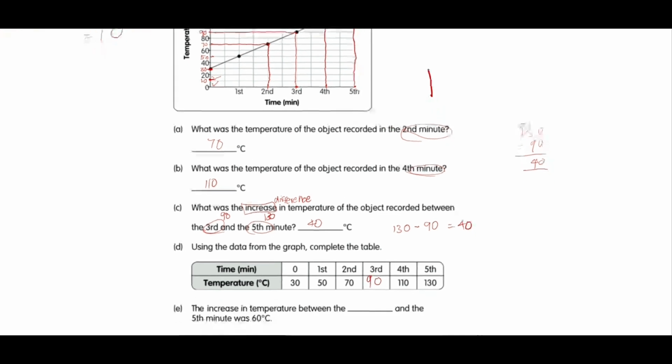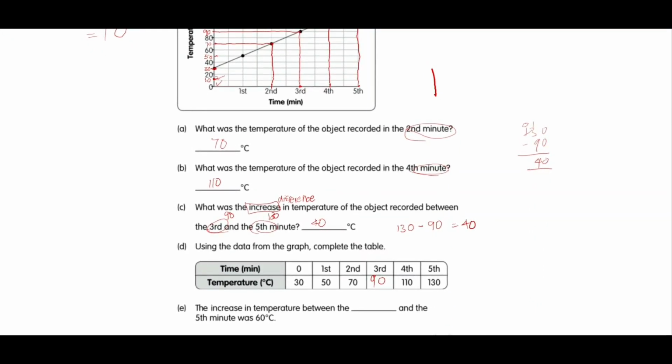Now let's go to question E. The increase in temperature between which minute and the 5th minute is 60 degrees Celsius. So there should be an increase of 60 degrees Celsius from which minute to the 5th minute.